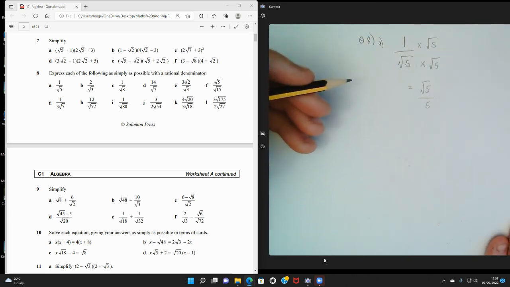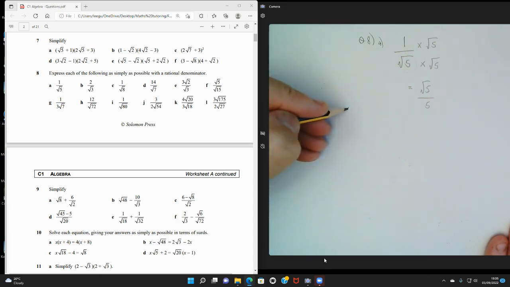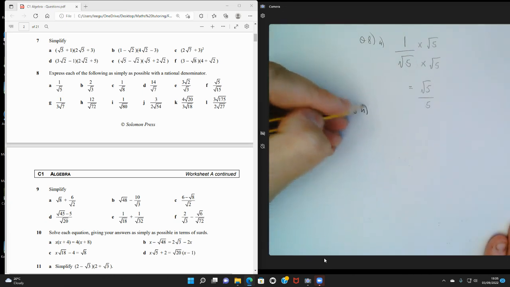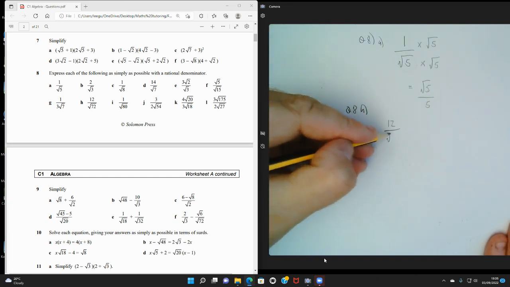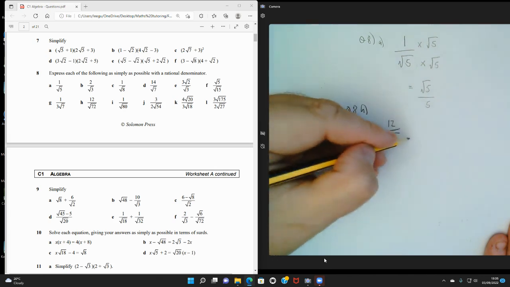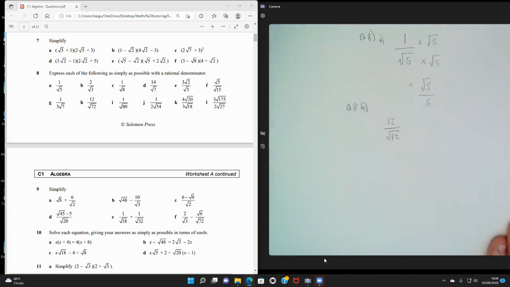I just want to draw your attention to perhaps question 8h, where there's an interesting point to be made. Now, there's a very easy way and a very difficult way to approach this. Not very difficult, but harder than it needs to be.